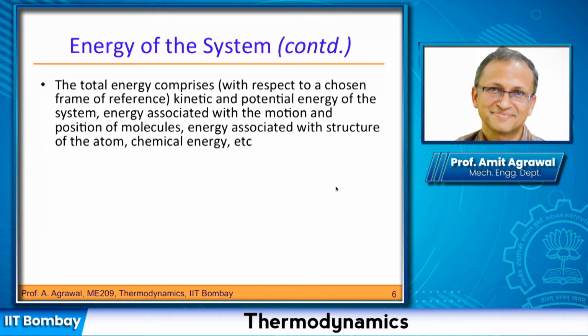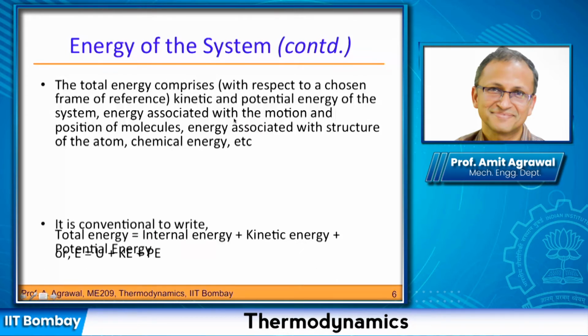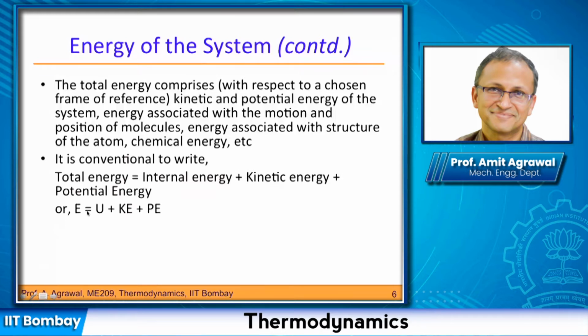Now we said that the total energy comprises several components. It has the internal energy, which is essentially the energy of the molecules. And then we have the kinetic and the potential energy of the entire system. And therefore, we can write the total energy as internal energy plus kinetic energy plus potential energy.